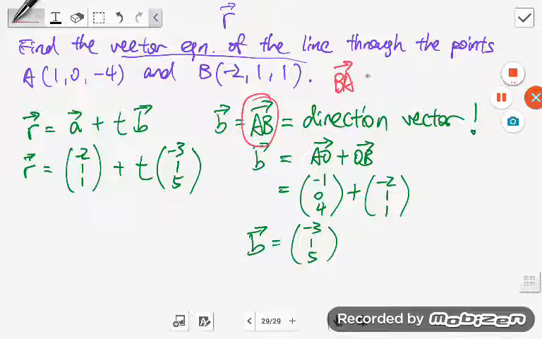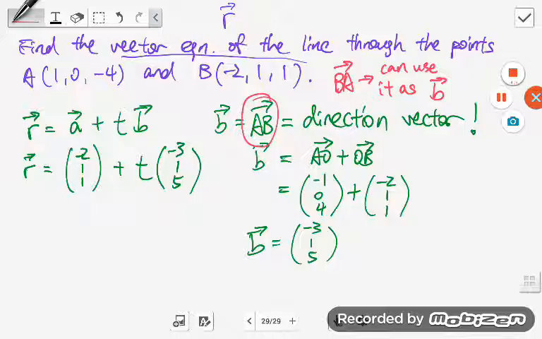Yes, you're right. We can also do this. We can use it as my direction vector for my vector equation, right? We can also use vector BA for my direction vector b.